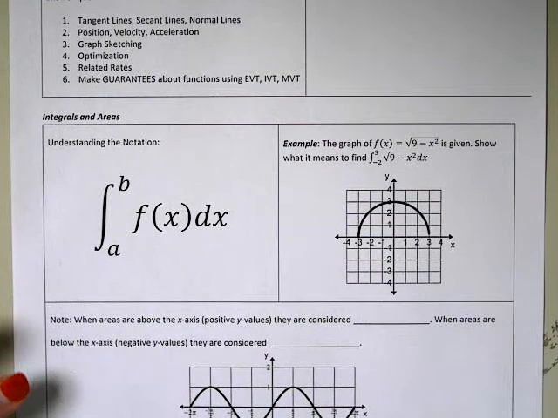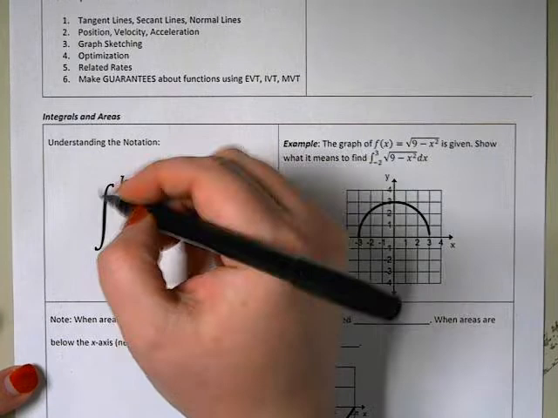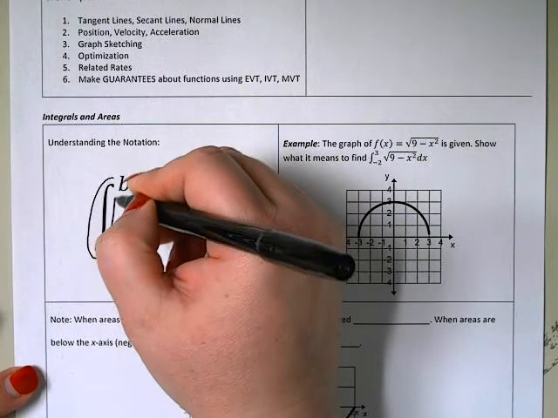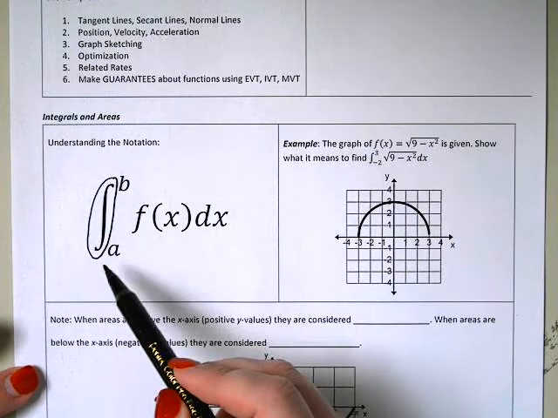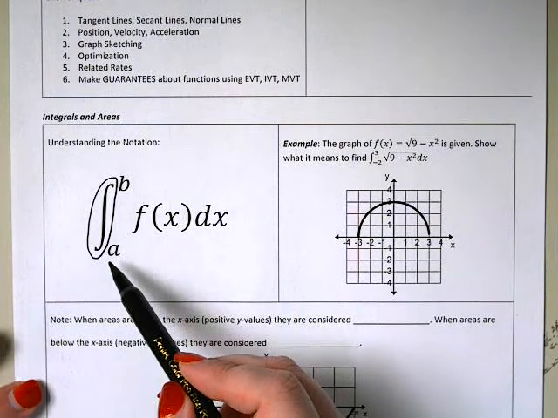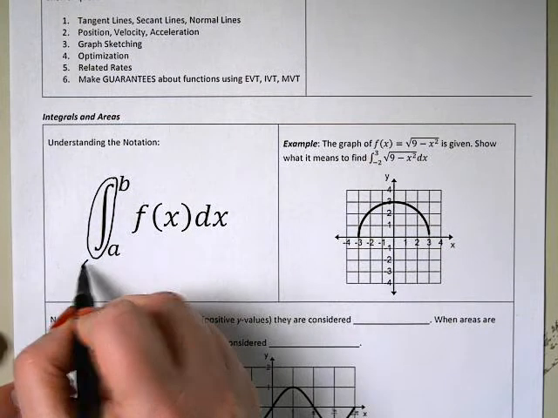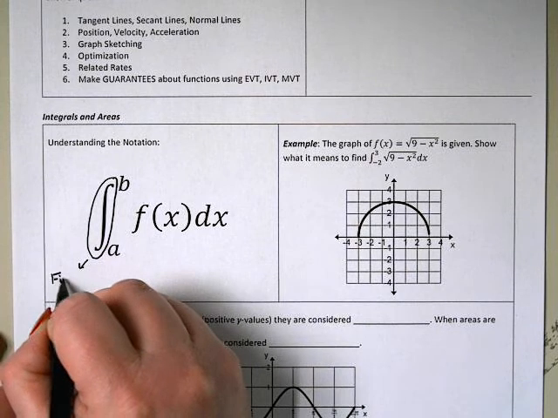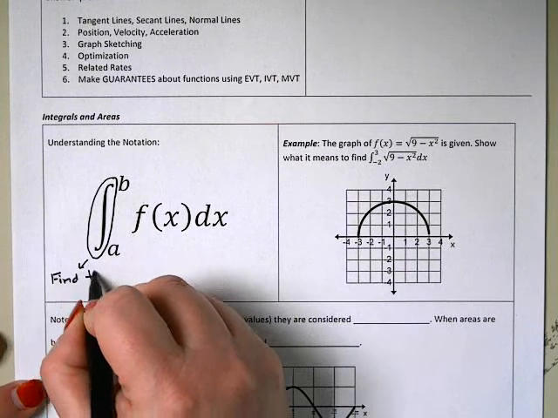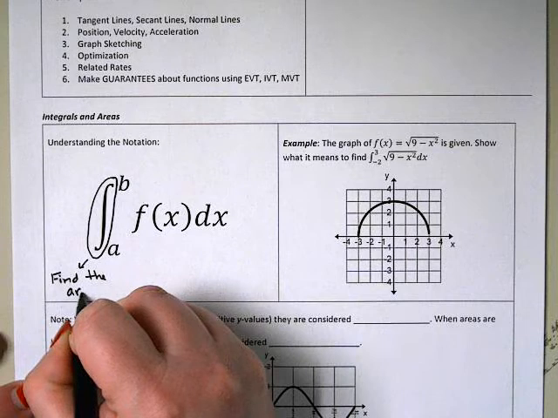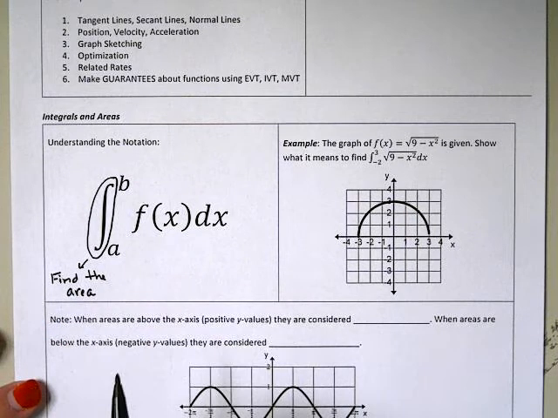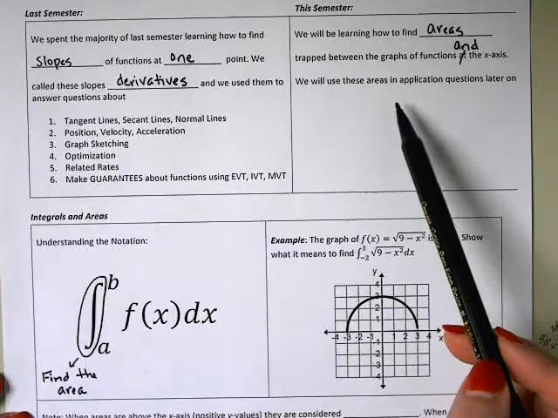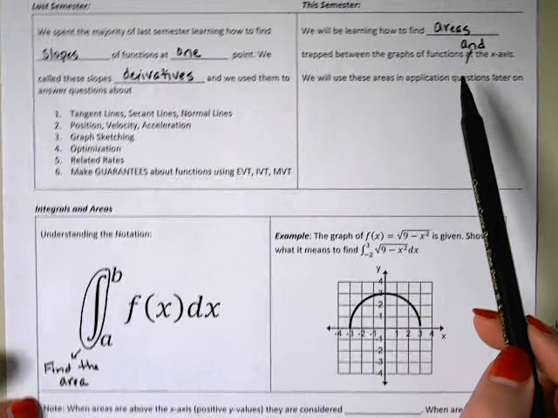Alright, so the first thing you should notice is that there's this big, almost S-like notation right here. Alright, this is called our integral. And when you see this, this is telling you that you need to find the area. Alright, we are going to be finding the area trapped between a function and the x-axis.